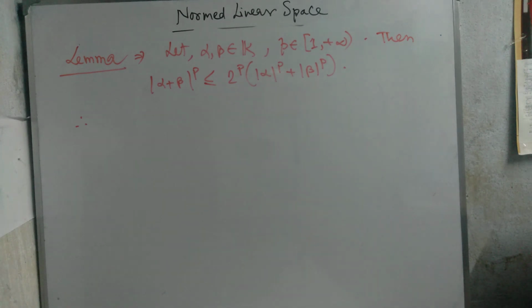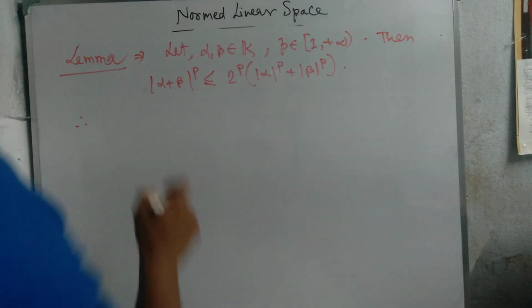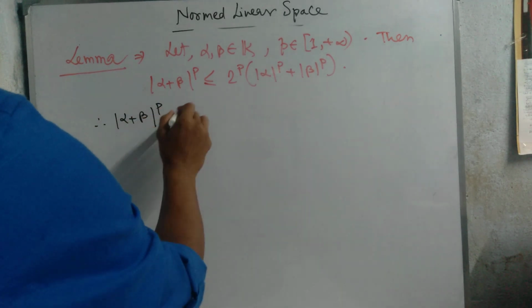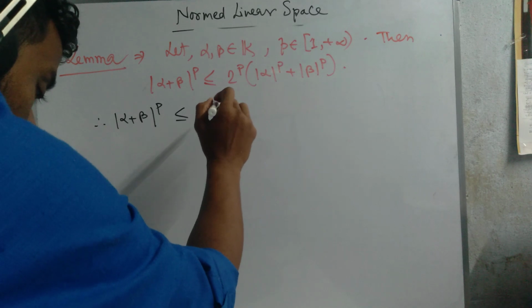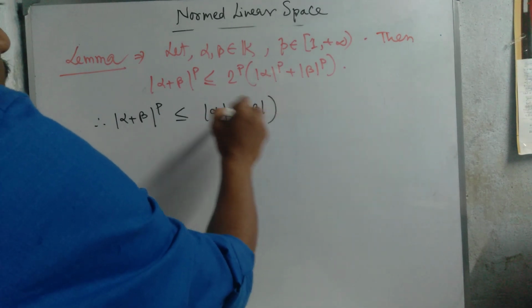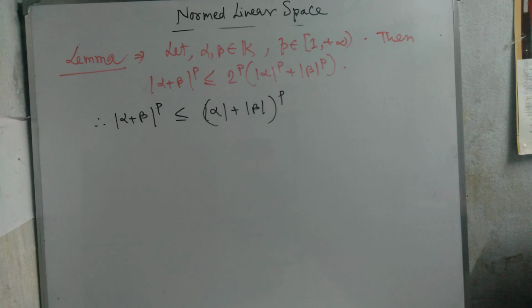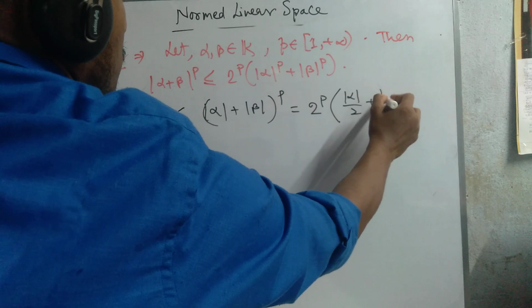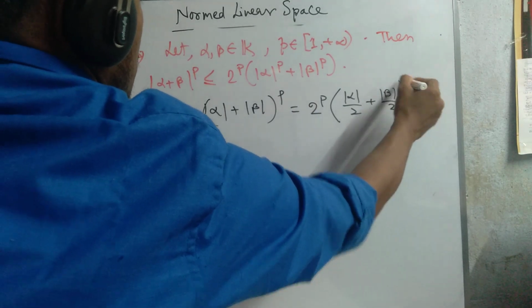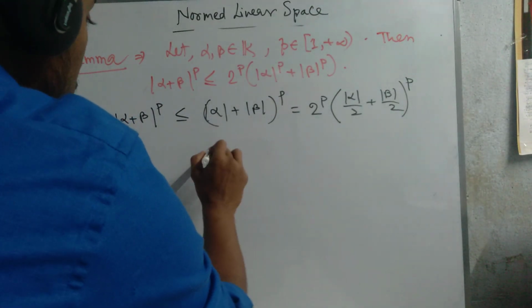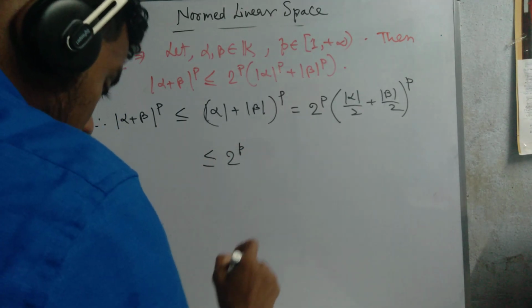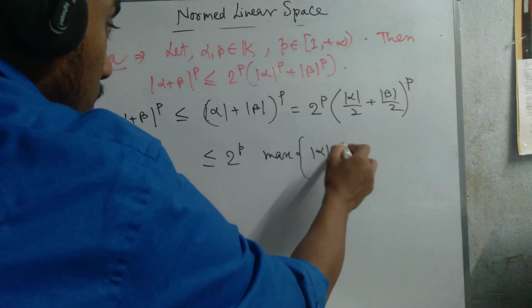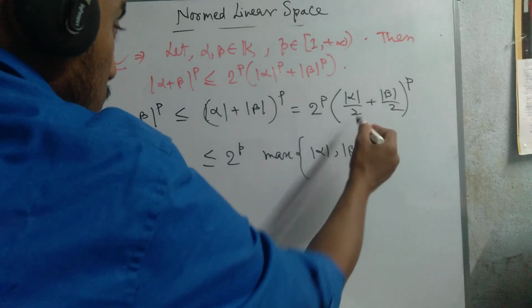Now here we write: norm of alpha plus beta whole to the power p is less than or equal to norm of alpha plus norm of beta whole to the power p, which equals 2 to the power p times norm of alpha by 2 plus norm of beta by 2 whole to the power p, less than or equal to 2 to the power p times maximum of norm of alpha, norm of beta whole to the power p.